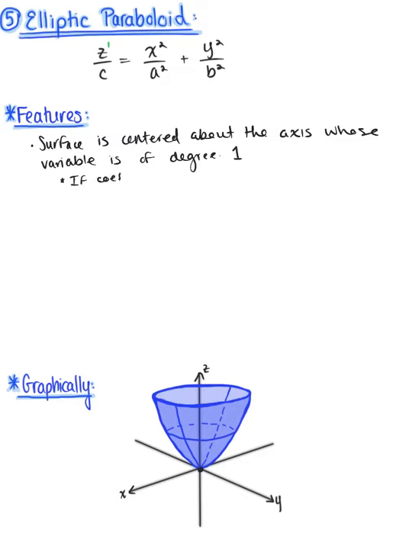So if the coefficient associated with the axis of symmetry is greater than 0, it opens towards the positive axis, versus if this coefficient is negative or less than 0, this means that the paraboloid opens towards the negative axis.